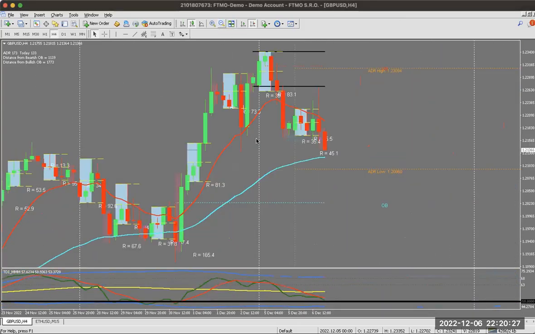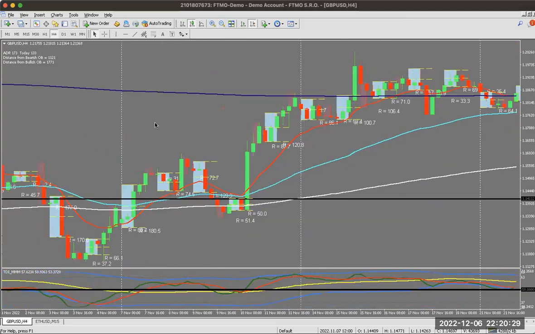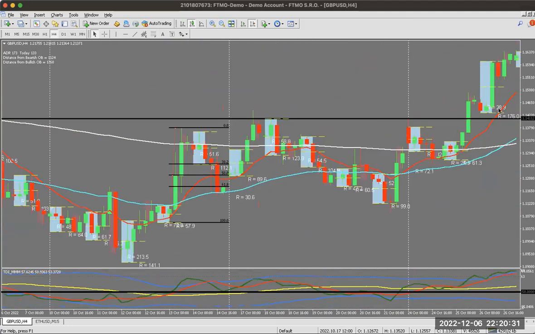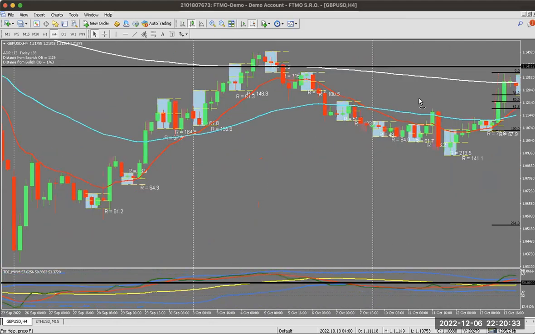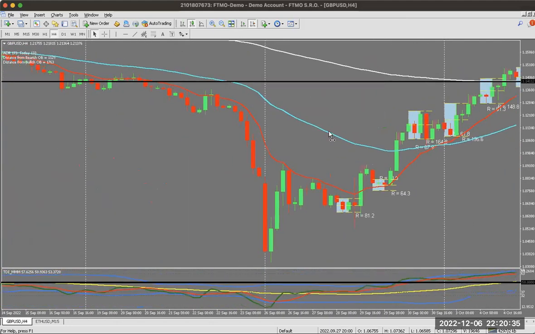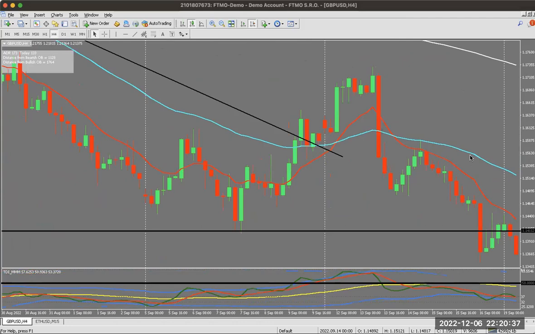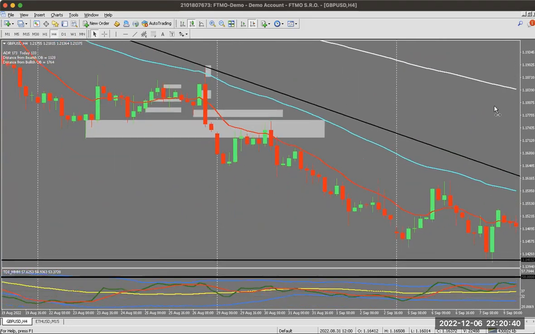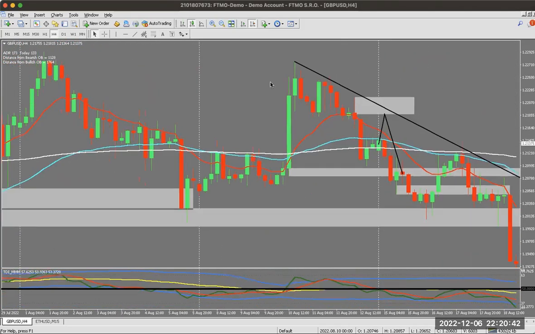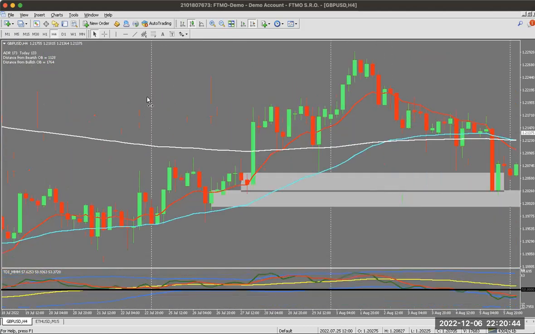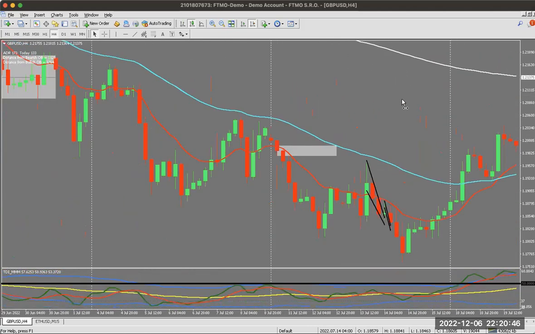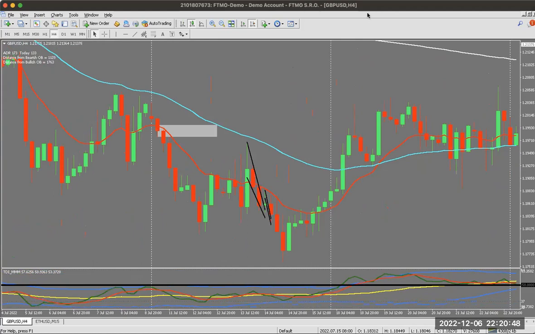Let's see. We want to look for a bullish engulfing. Okay, I'm looking for a downtrend. Definable downtrend. Okay, perfect. You can see we're in a downtrend here. Price is coming down. Lower low, lower high.